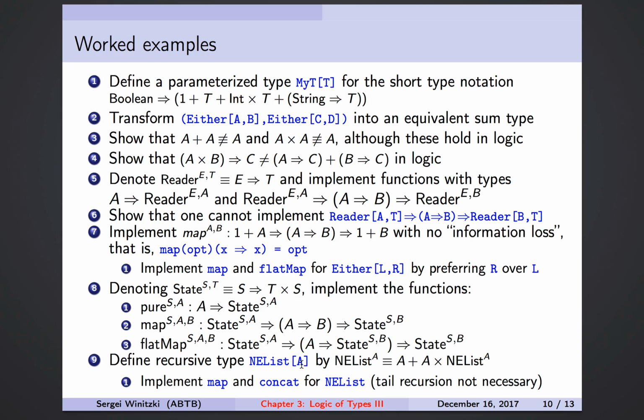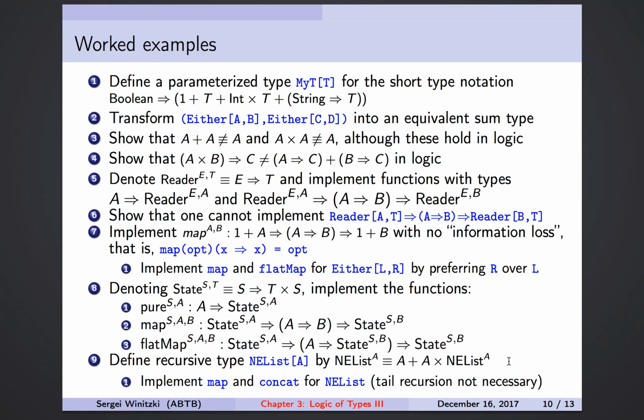So what does this non-empty list do? It's like a list that we saw in the example, except it's never empty. It's either a value A, or it's a value A and another non-empty list. So it's either one value A, or it's two values A, or it's three values A, and so on.